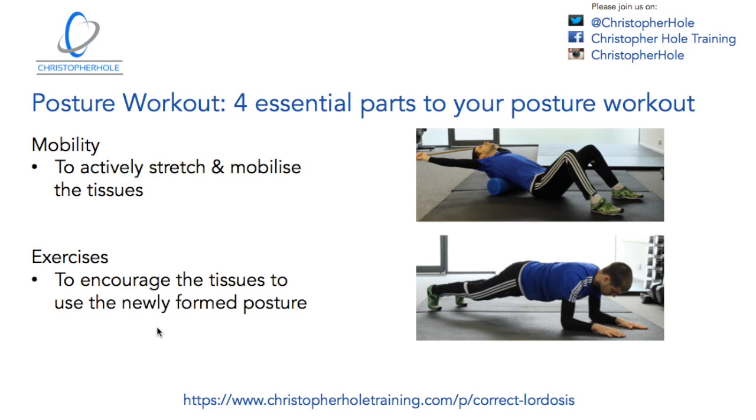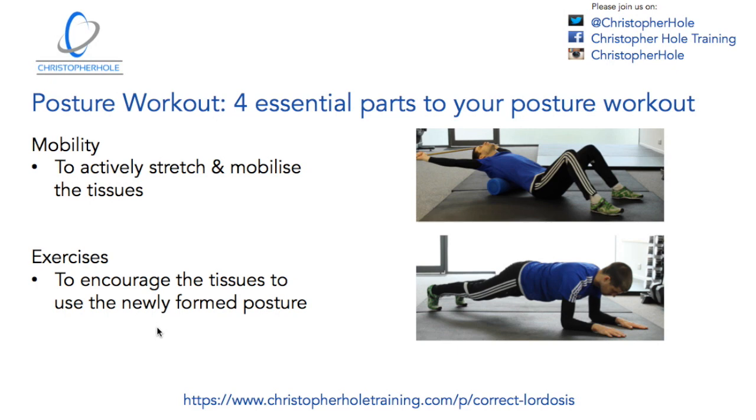So if we just go straight into strengthening exercises and don't extend, mobilize and stretch the thoracic spine, we're just going to be strengthening on top of an already poor posture that can't get there, because it's a very stiff chewing gum, as I mentioned at the start. But if we make the tissues more pliable, we stretch them, we mobilize them, we then start repeating that posture in different exercises. When we then come to strengthen, we're going to have a much better posture already, and then we strengthen and reinforce and lock in that posture from a strength perspective.